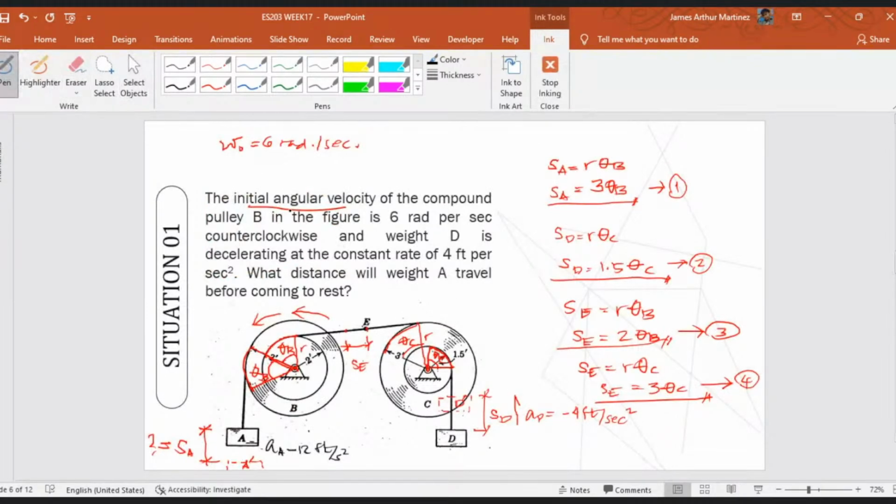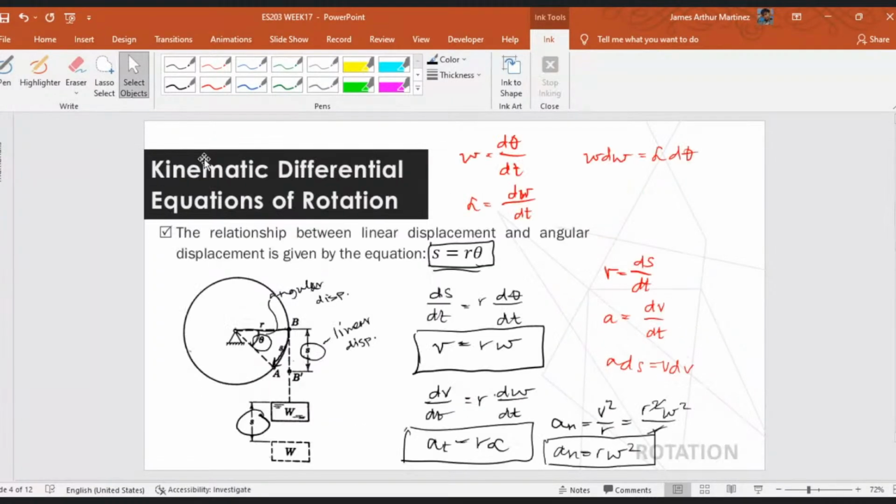We are given in the problem the initial angular velocity, but this is in terms of an angular system. The angular velocity is given for pulley B. So what we will be doing is to try to convert it into linear velocity by their relationship, where linear velocity is equal to the radius multiplied by the angular velocity.